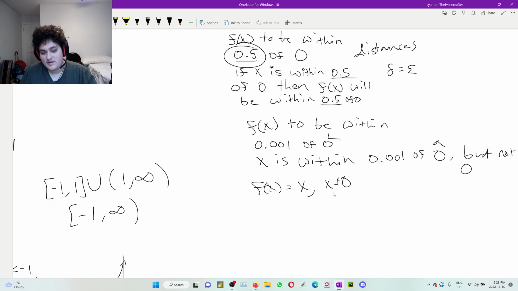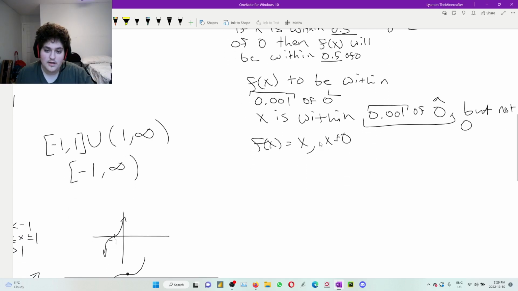Therefore, if x is within this, then obviously f of x will also be, and in this case our limit is equal to this. Because our limit is equal to our a value, these values will be exactly the same as well.